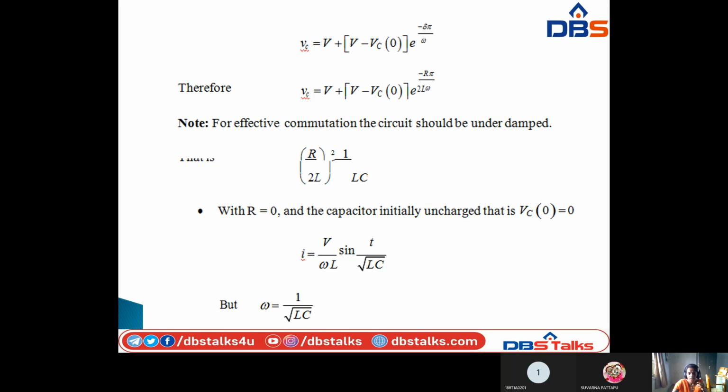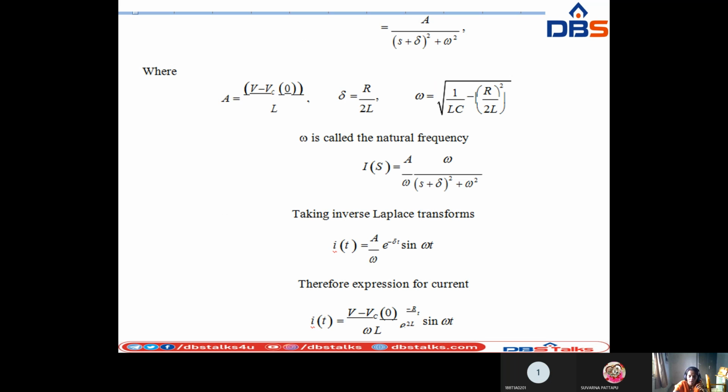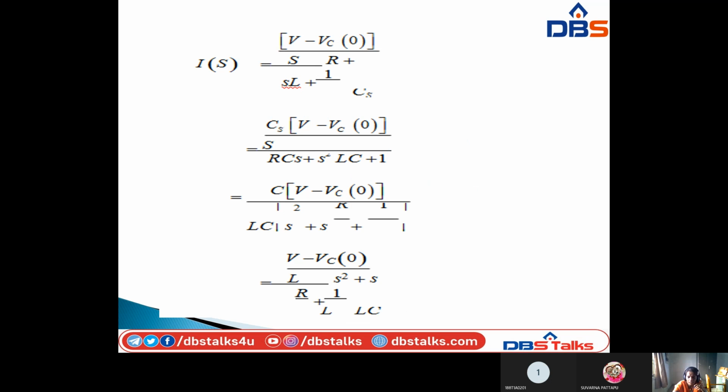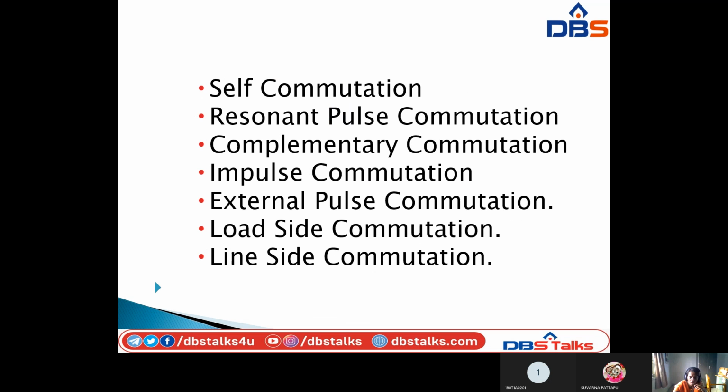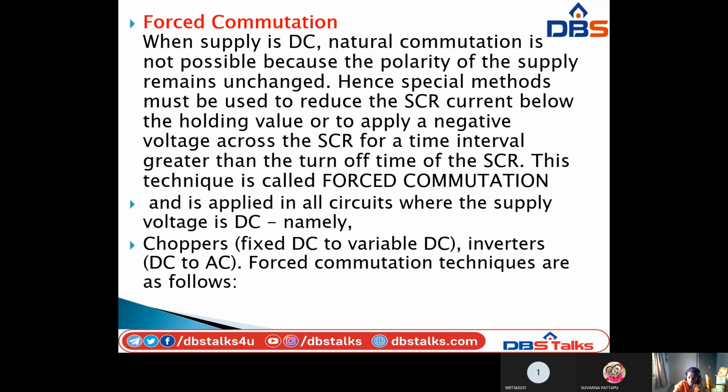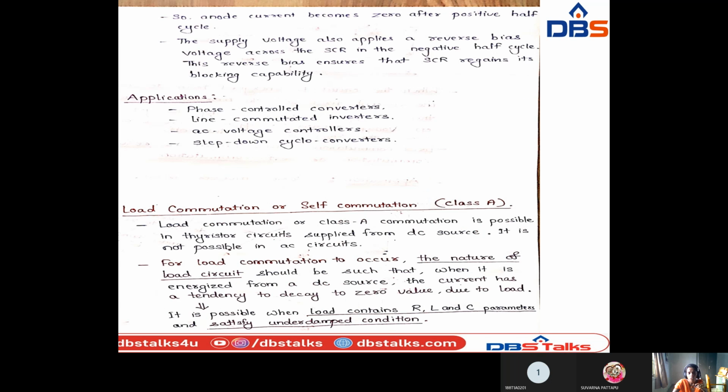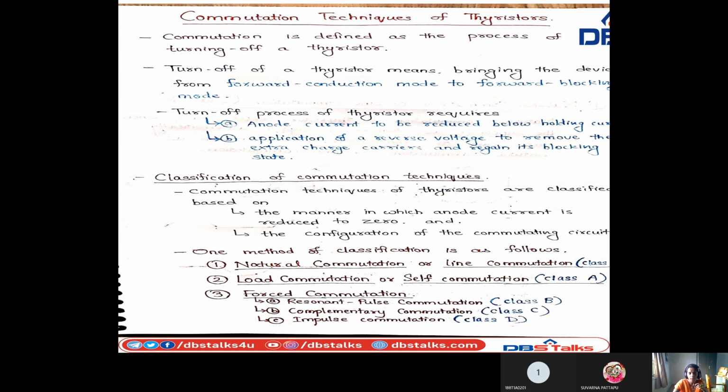So a thyristor can be turned on and turned off. If you want to turn on a thyristor, then you also need to be able to turn it off. This is the commutation technique.